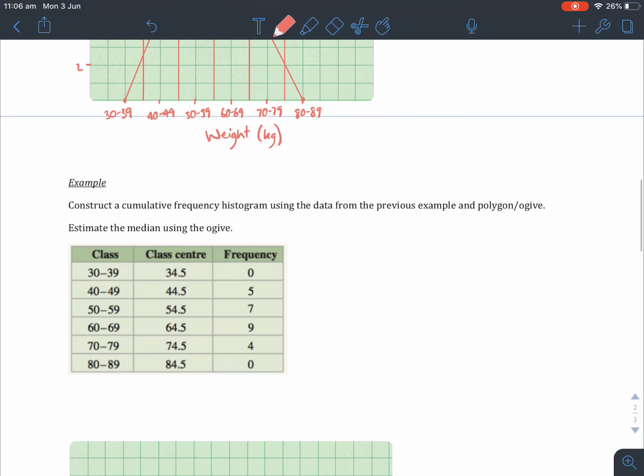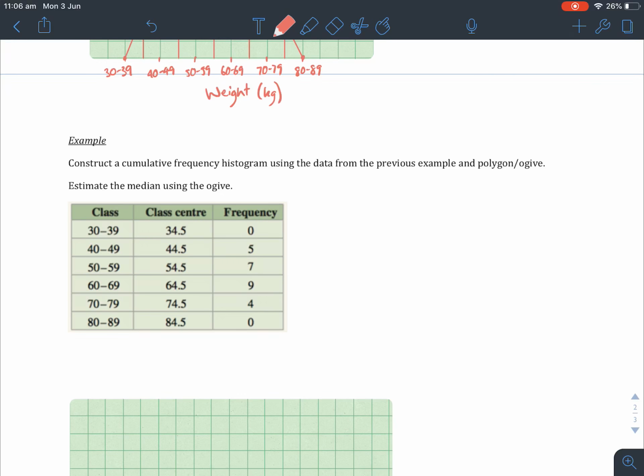Alright, let's have a look at one last example. Construct a cumulative frequency histogram using the data from the previous example, and also a polygon, or an ogive, as it's sometimes called. Well, cumulative frequency. We only have a frequency column, so we're going to need to create a cumulative frequency column.